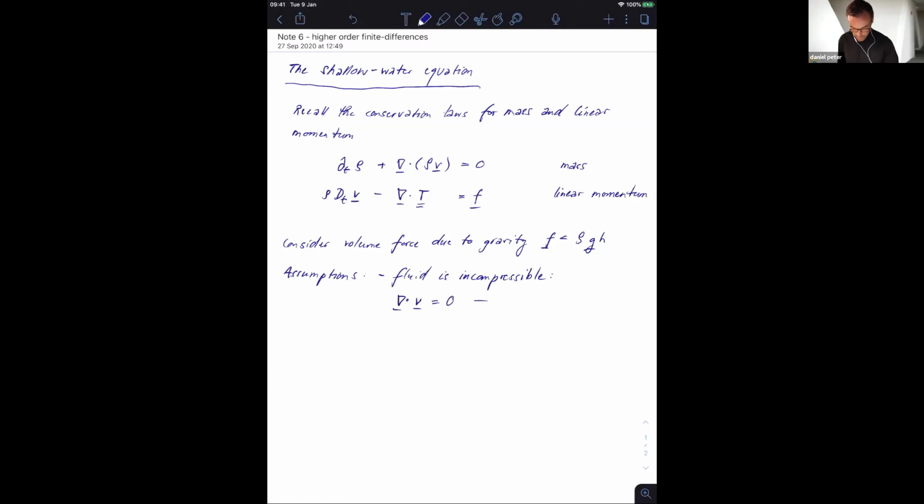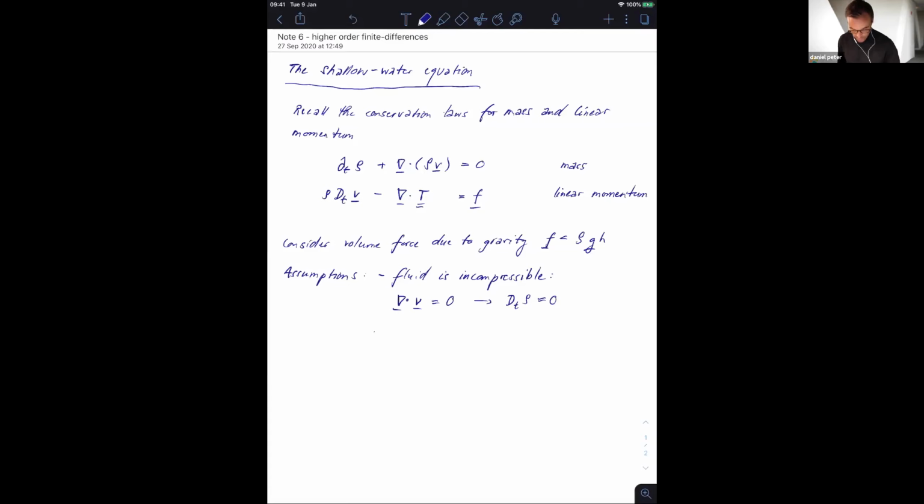Or, if you like, it's equivalent that the material derivative of rho vanishes. It's something we also saw when we looked at the conservation of mass before. So that means the fluid is incompressible.